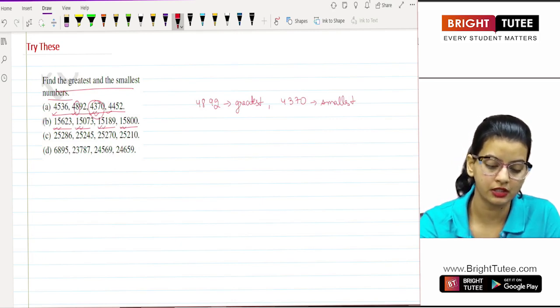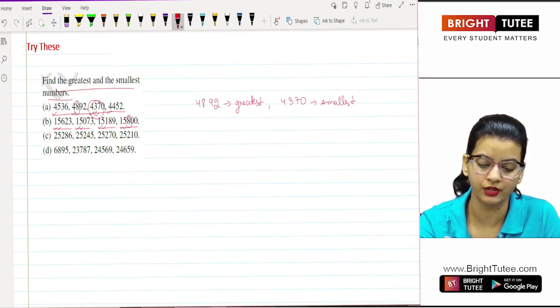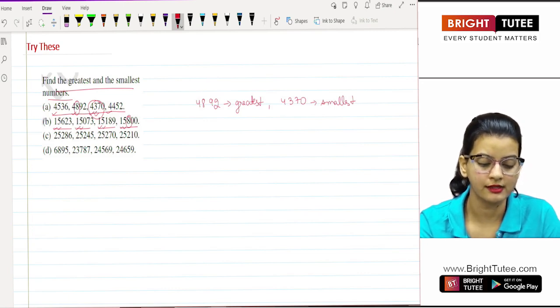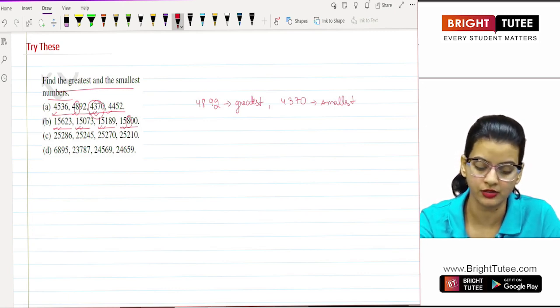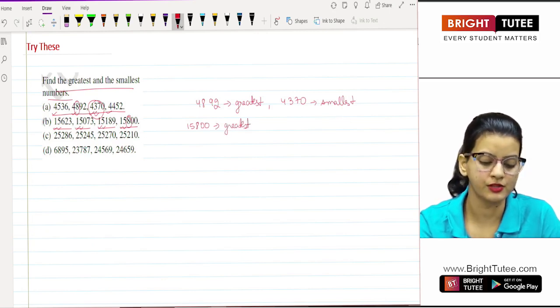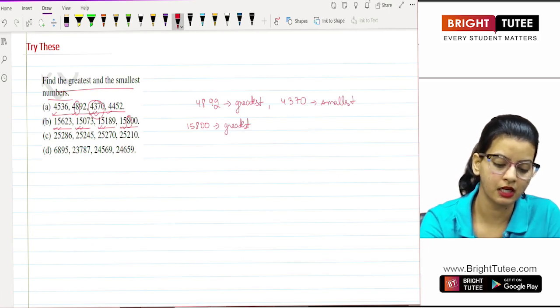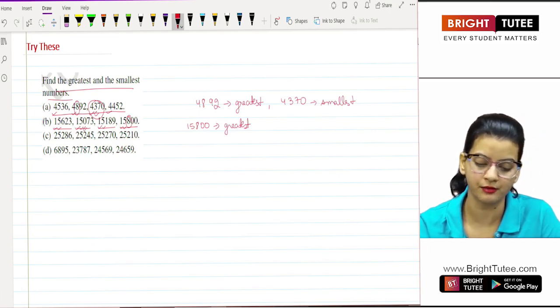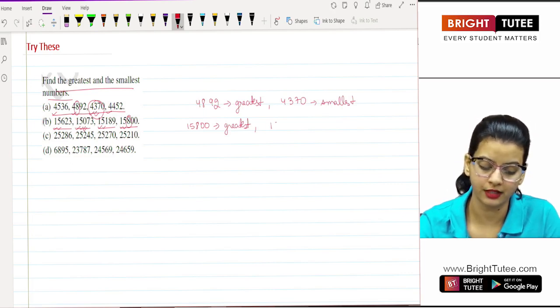The digit in the hundreds place is greatest for this number. For the rest, the digits in the hundreds place are smaller. So 18500 is greatest. And what about the smallest number? The digit in the hundreds place is smallest for this number. For the rest, it is greater. So 15073 is smallest.